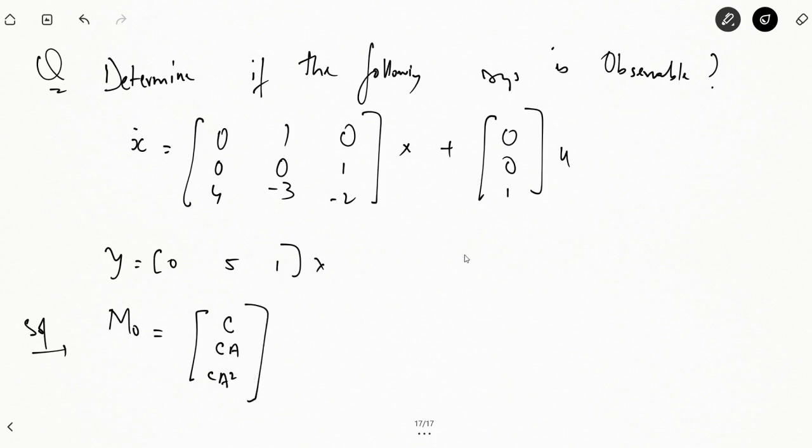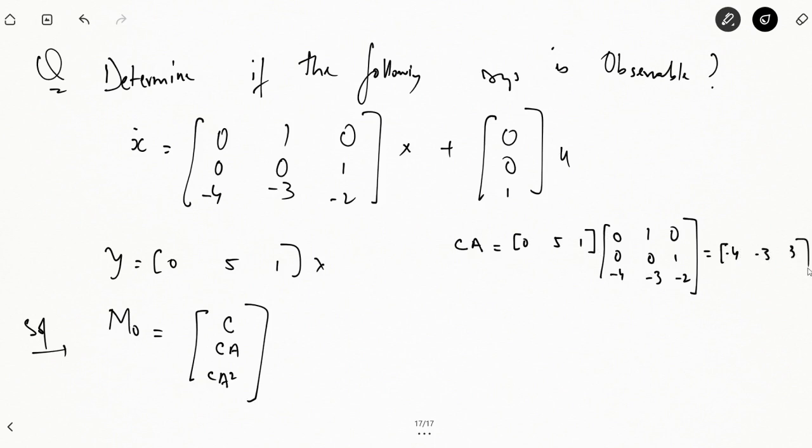So you'll find out the value of CA. CA will be [0, 5, 1] into the matrix A, which gives [minus 4, minus 3, 3].